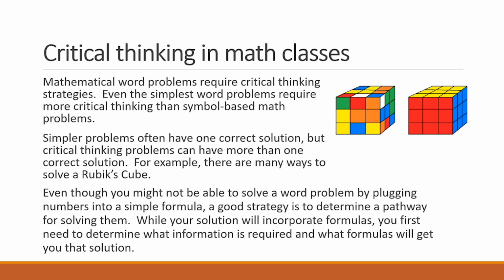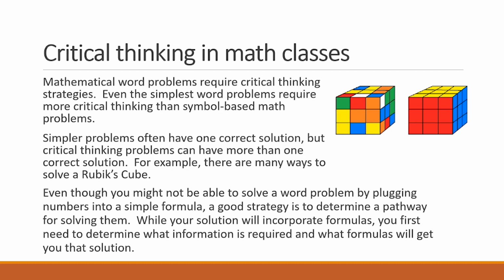So for example, if you were just doing 3 plus 7, once you memorized how to add, you could just plug in 7, that's it. But even a simple word problem that would require the same mathematical operation, like John has 3 apples and Mary has 4 apples, how many apples do they have altogether? That's certainly a very simple word problem, but it requires some more critical thinking, because it still involves a story.